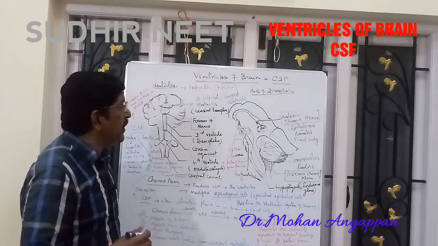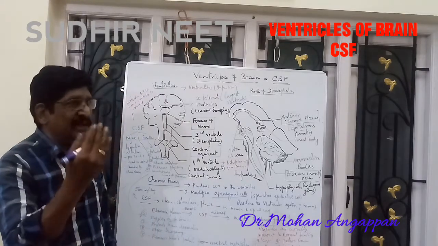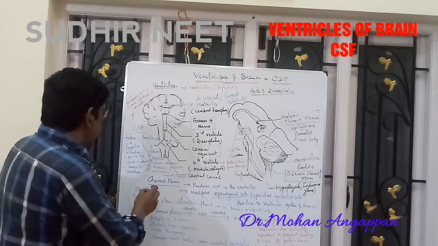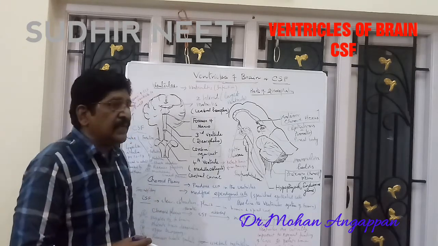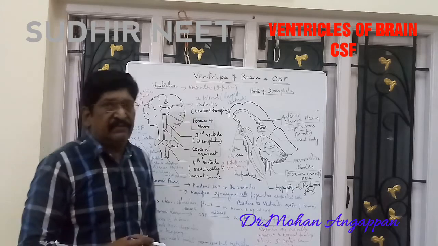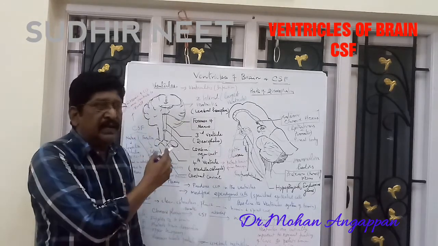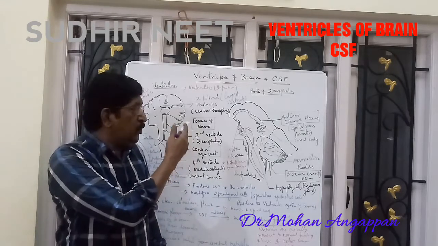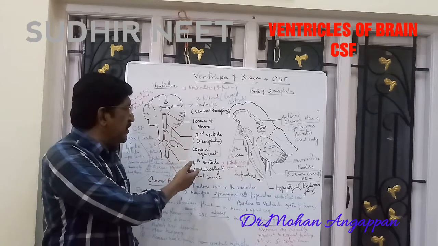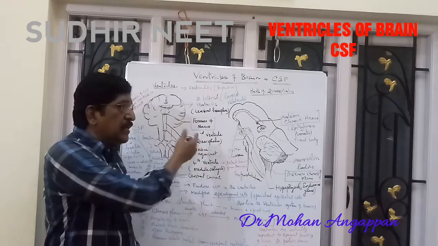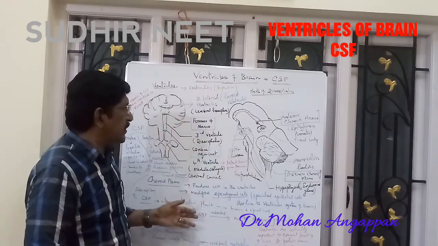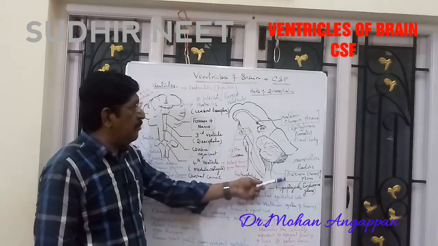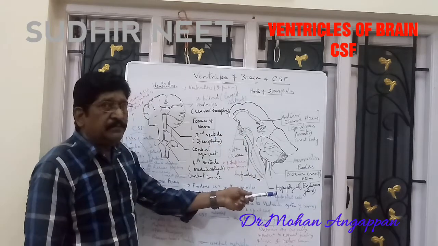So these are all about the ventricles of the brain and CSF, cerebrospinal fluid. Per day 500 ml of cerebrospinal fluid is secreted in our body. Another important area is the ventricles of the brain: the two lateral ventricles, third ventricle and fourth ventricle, the foramen of Monro and cerebral aqueduct, etc. And the CSF is produced from the choroid plexus of the diencephalon.